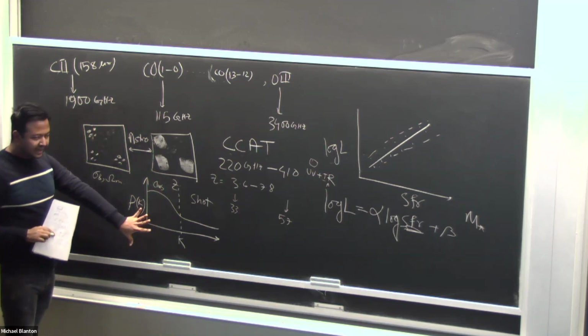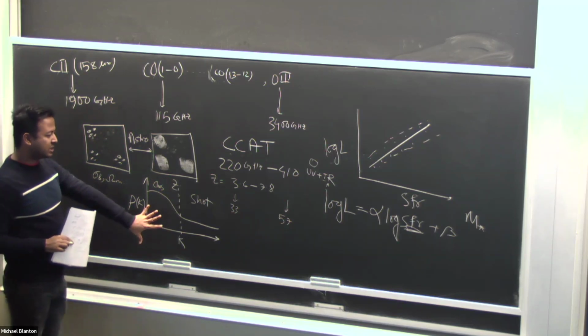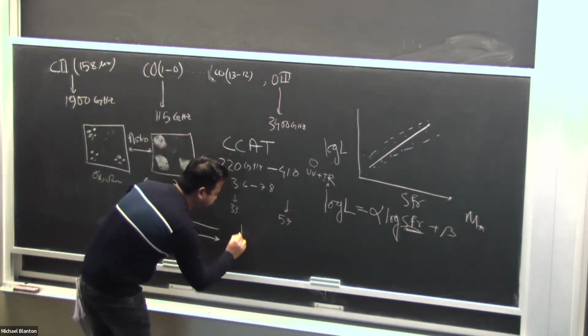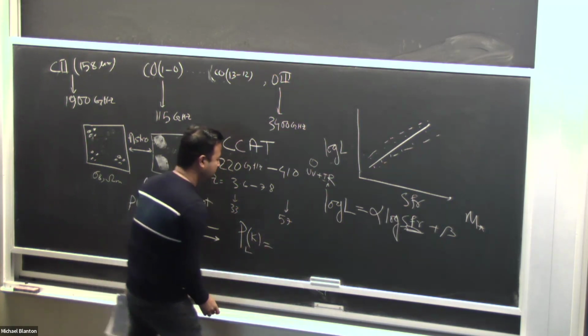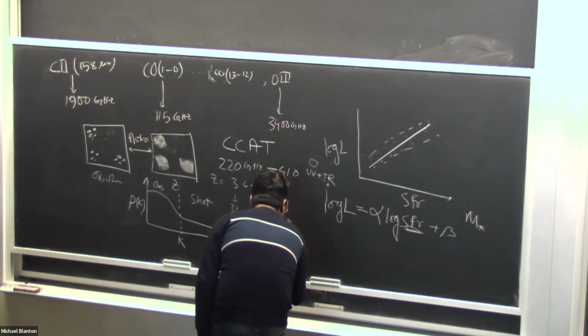It can be related to the cosmological matter power spectra, something like P(k) line is equal to b squared times P matter.